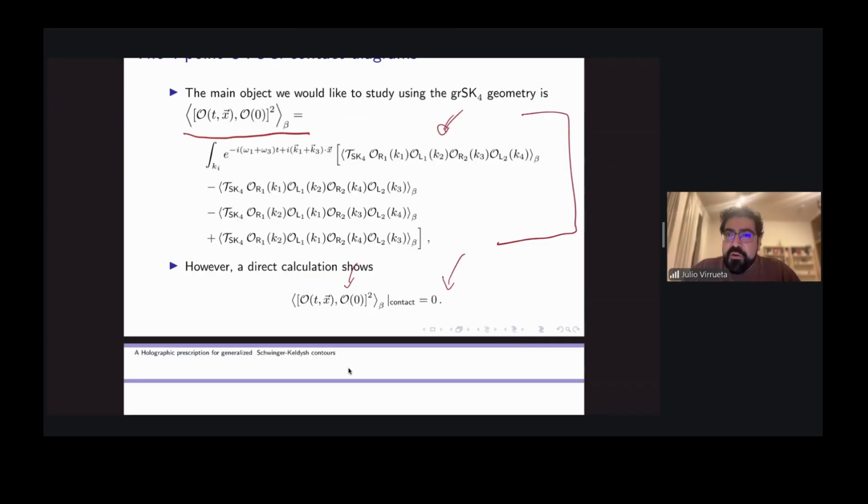Contact diagrams only interact pointwise per geometry. They don't really have any information about the connection between the different branches. In principle, for a contact diagram, at any moment when you are doing the contact interactions, the thing just looks like two copies of gravitational Schwinger-Keldysh. So it kind of makes sense that contact diagrams lead to trivial out-of-time order correlators.